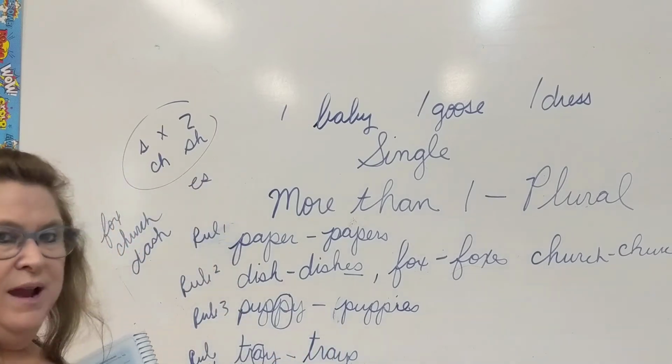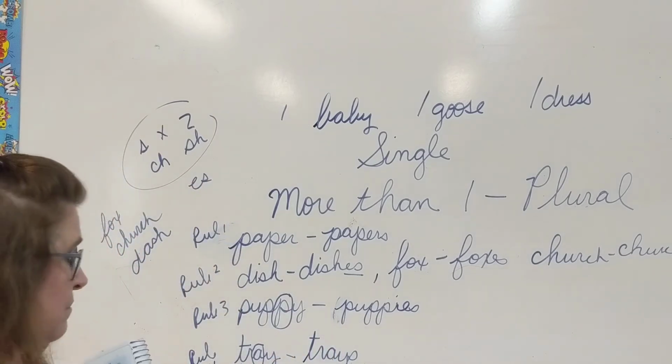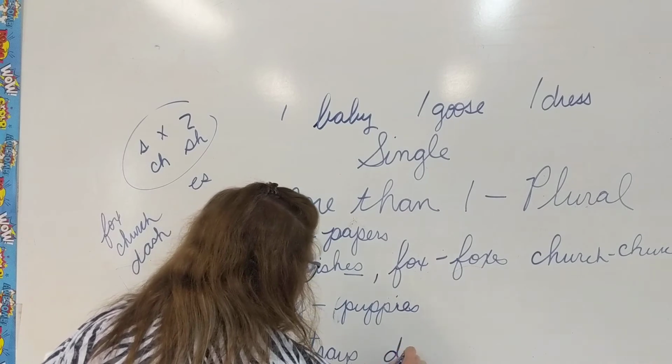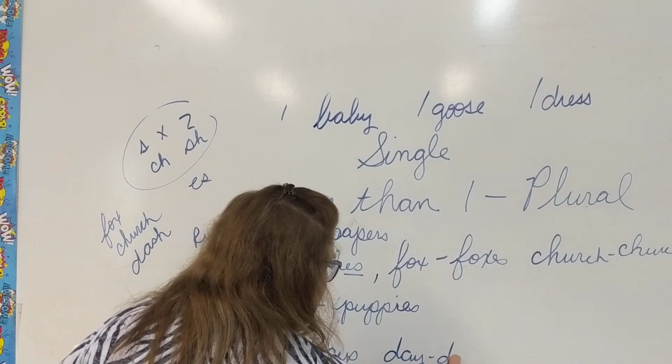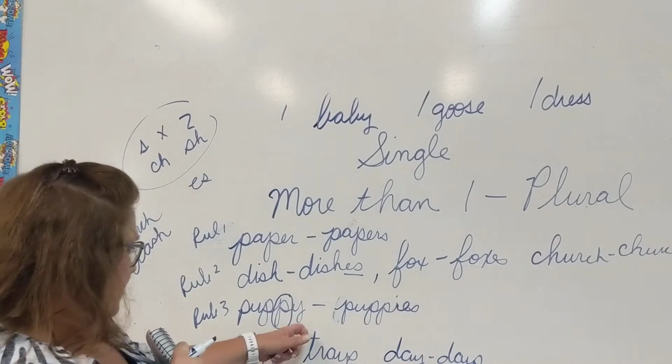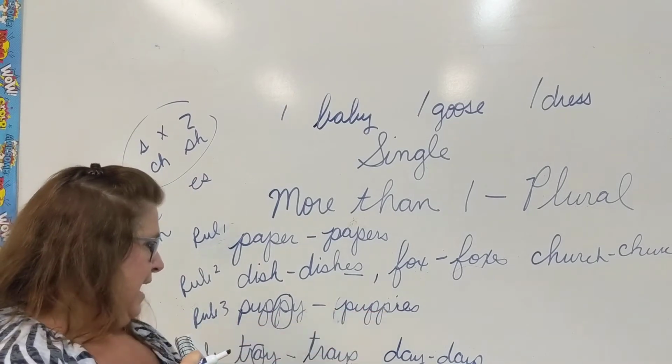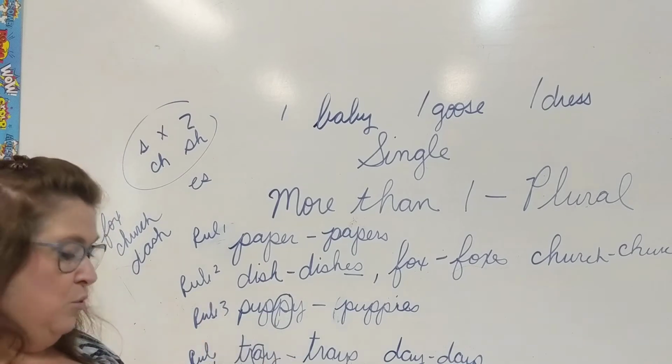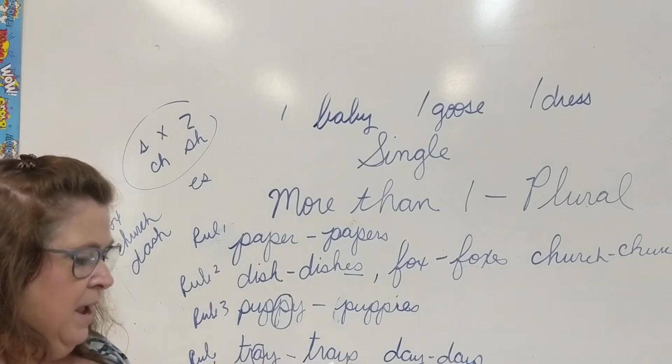Tray becomes trays. Day becomes days, D-A-Y, to make a plural is just D-A-Y-S, okay? If you have a consonant in front of your Y, change the Y to I. If you have a vowel in front of your Y, just add an S to it.